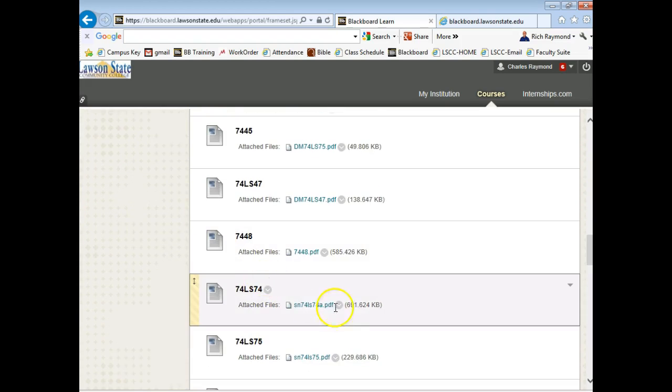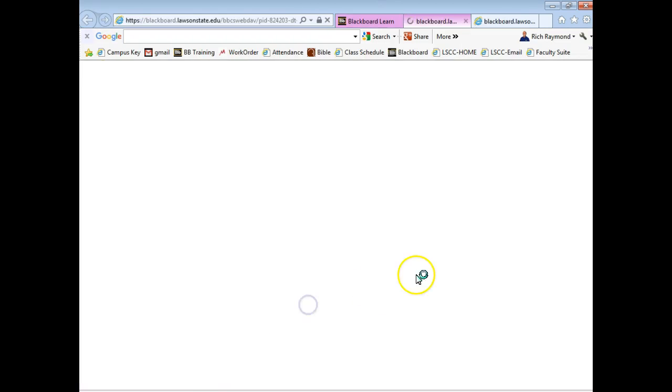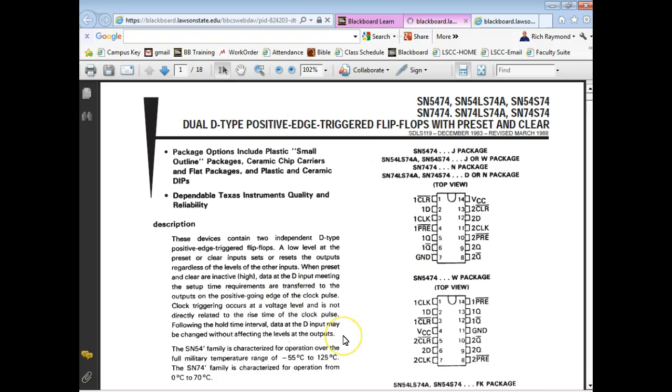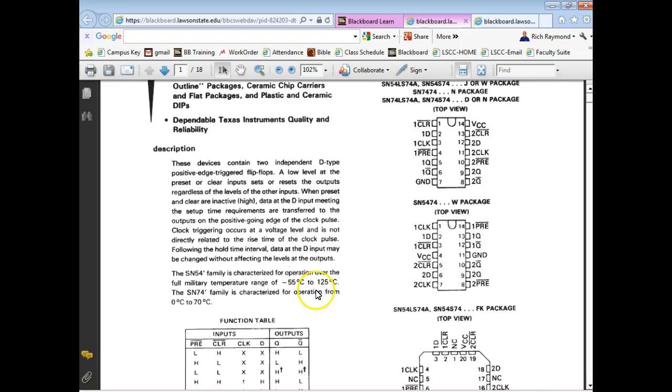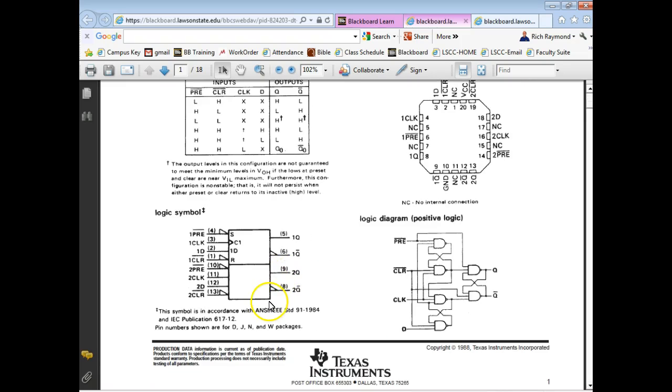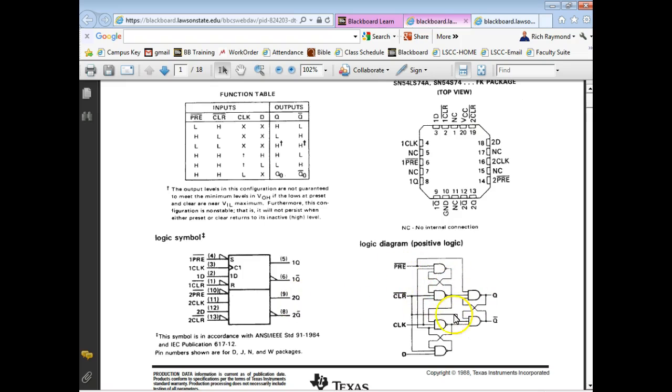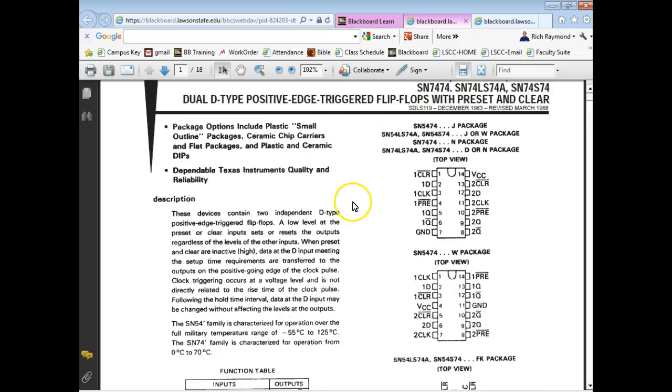So here's a 7474. Let's just look at this. It says it's a D-type positive edge triggered flip-flop. This is the makeup of it, but it's not quite right. They show this as a NAND gate. They've got to have that edge trigger on their circuit on there, right?